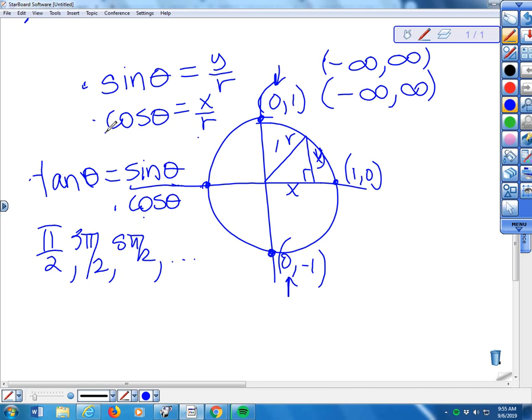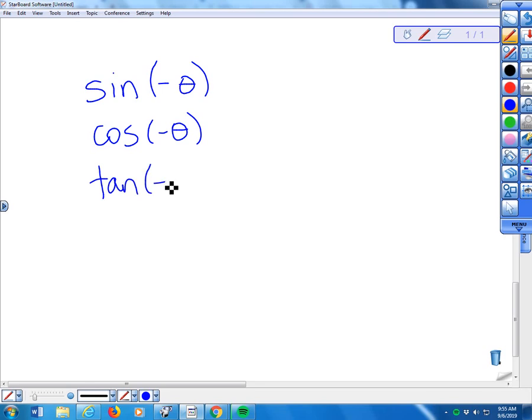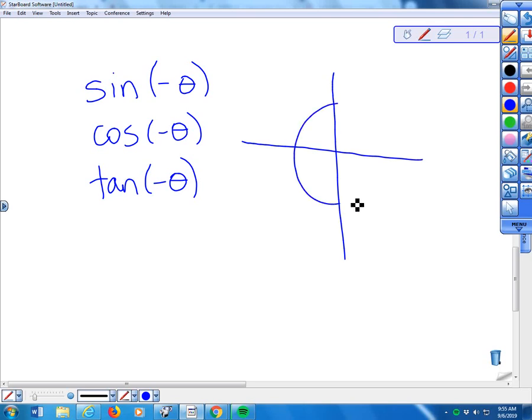Okay, one last piece of information here. So if theta is here, negative theta is here.